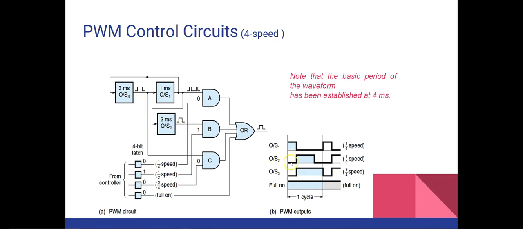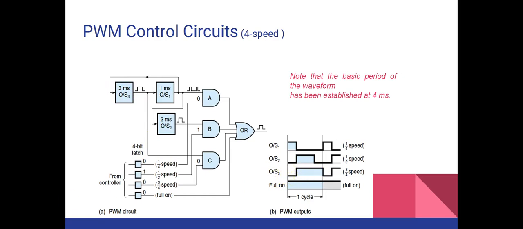It is off for 1 millisecond, then on for 2 milliseconds, and then off again for 1 millisecond, which is your half speed. Now the output of S3 goes into this C AND gate, and it will be on for 3 milliseconds and off for 1 millisecond.